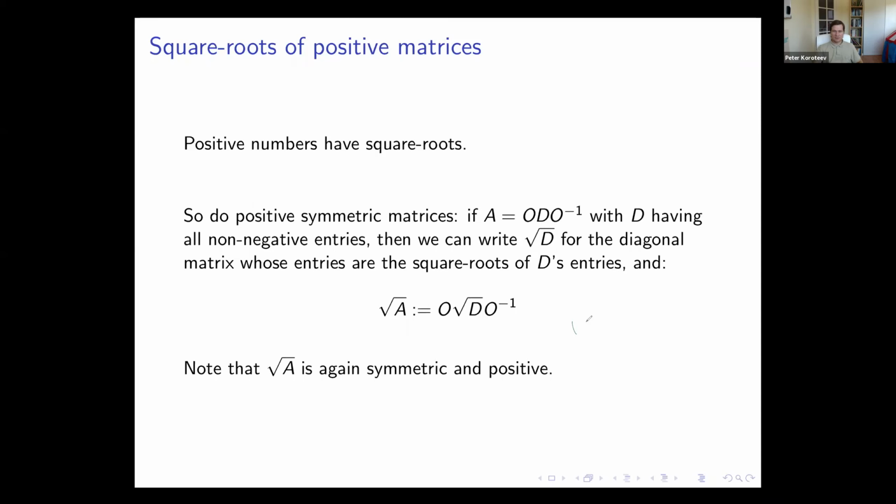So square root A squared is equal to O root D O inverse, O square root D O inverse, right? And this thing in the middle is equal to 1. So it's equal to O D O inverse.